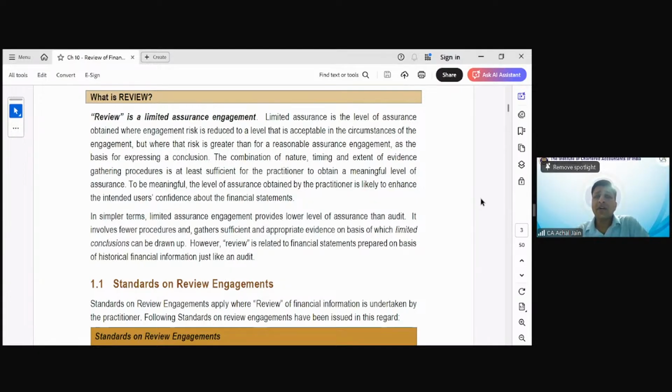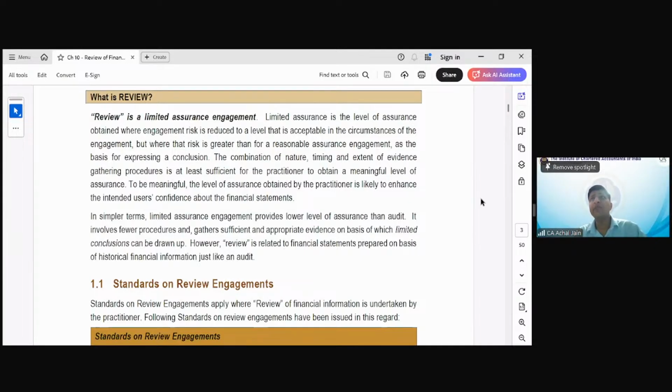So what is it that the auditor will provide? The auditor will provide a conclusion. Therefore, the auditor will also be doing limited work, as compared to what he does in case of audit.